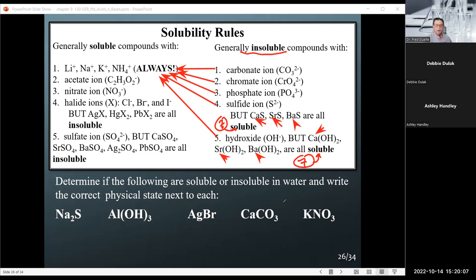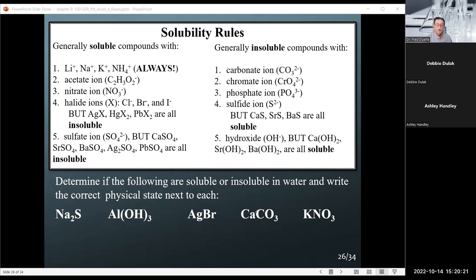So if we look at some examples, the questions are: are they soluble or insoluble? To answer that, we first find out what we're working with. We got sodium sulfide. Sulfides normally are insoluble, but it is attached to sodium. In fact, we can find potassium also.